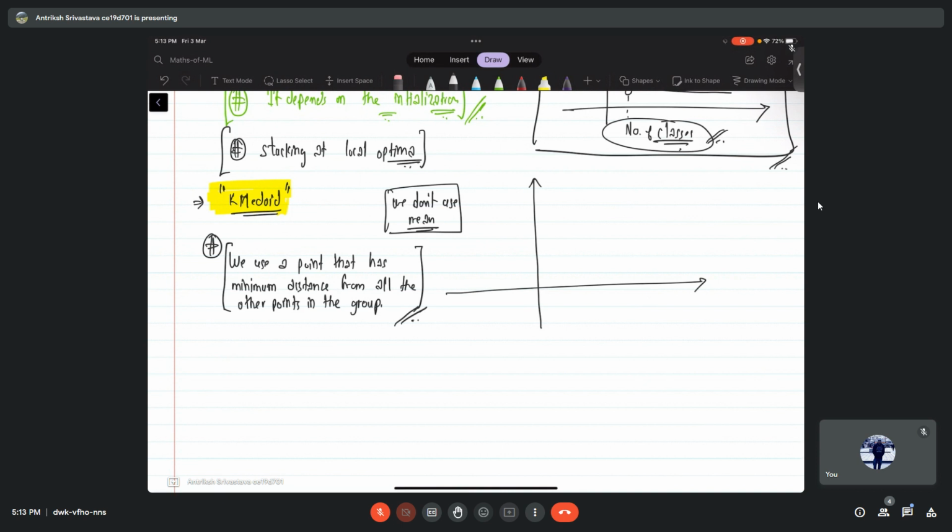This point will also change, because let's say previously our group was this. It was in the middle of the iteration. Let's consider the red group.